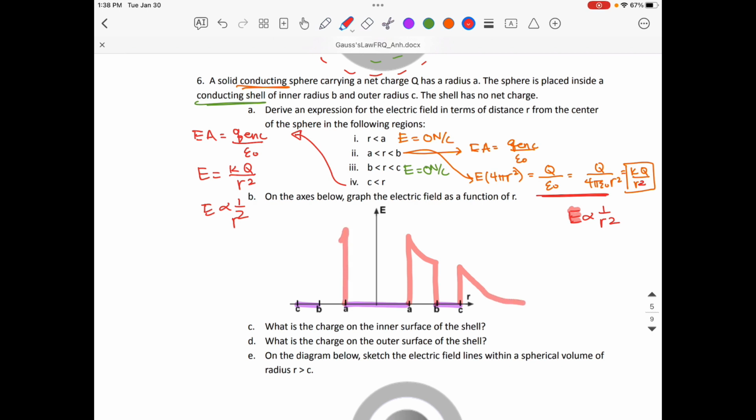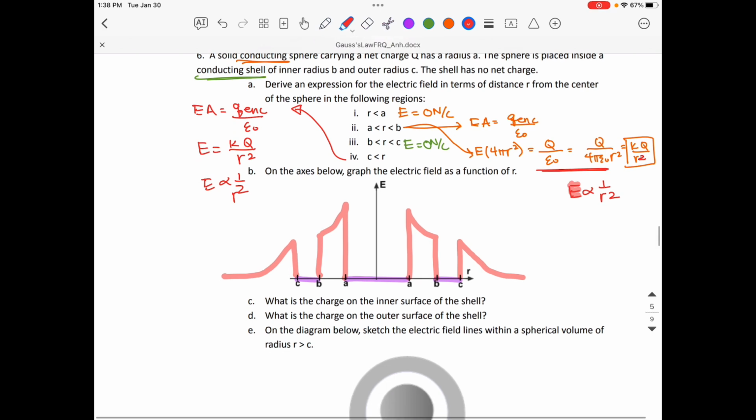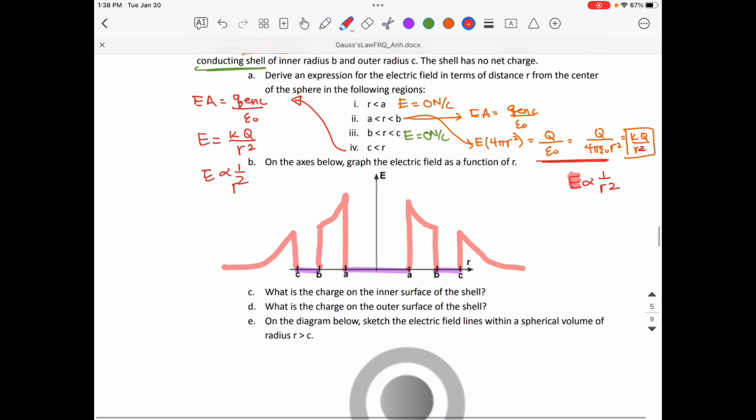Same here, starts decreasing, trying to make them equal, and then decreases out to infinity. So that's what your electric field radius graph would look like.